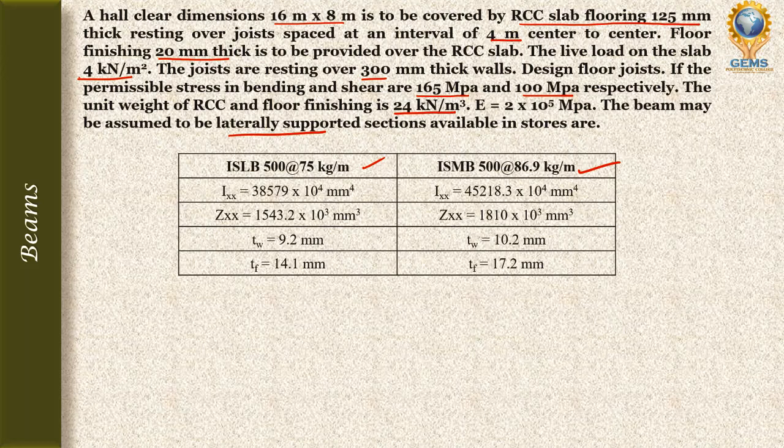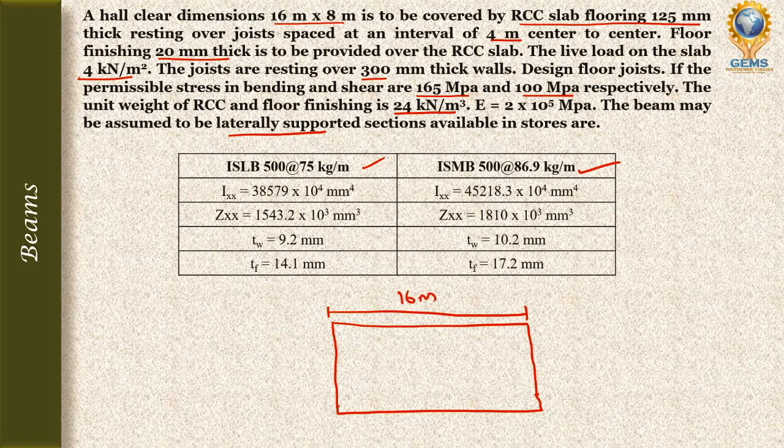From the question, there is a hall having the dimension 16 meter by 8 meter. This is the wall dimension of the hall. We have a joist every 4 meter center to center distance. From here to here is one joist, from here to here another joist, and here to here another joist.